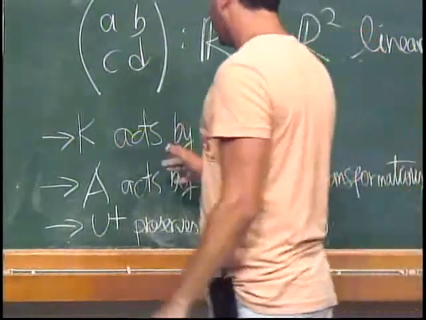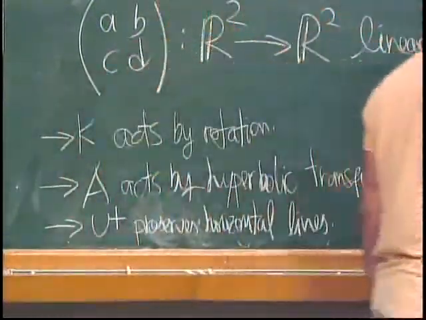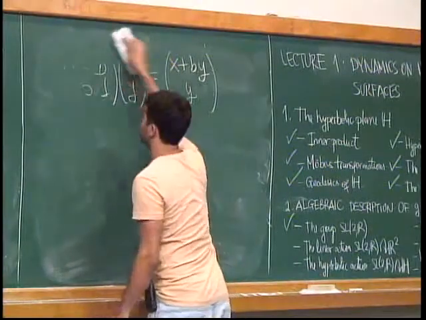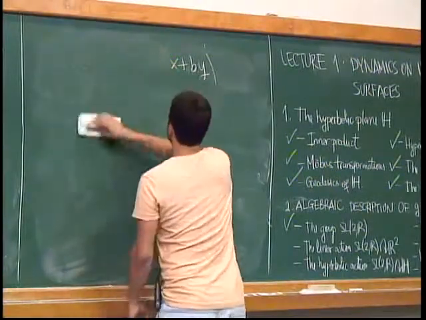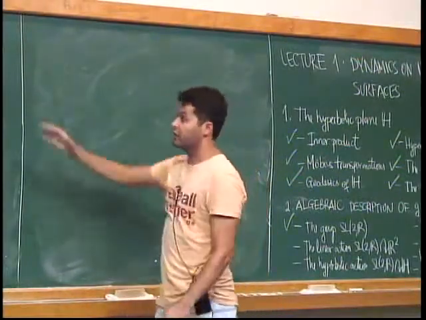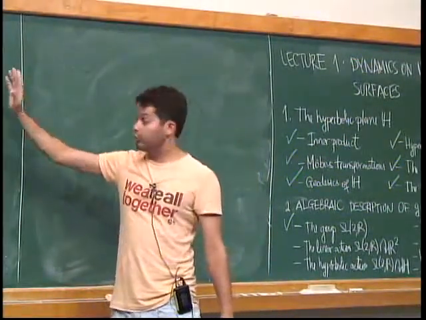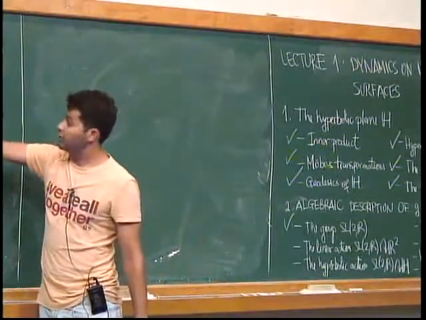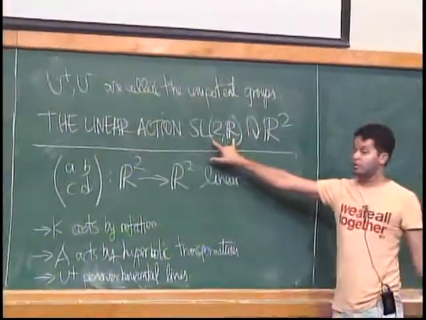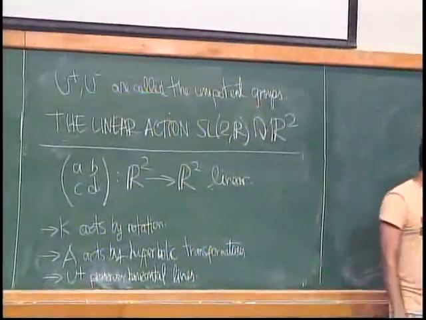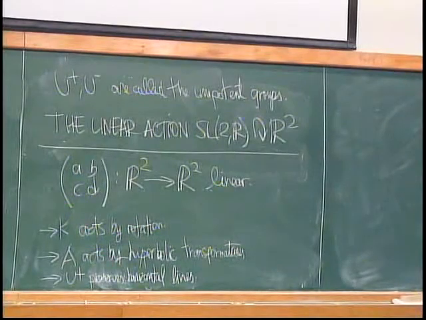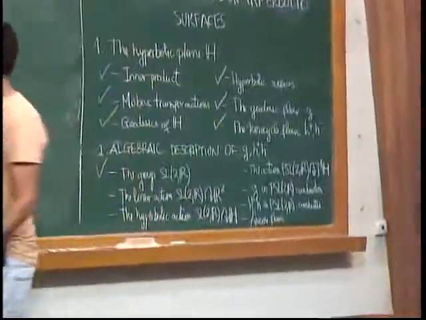In the lecture notes, I have a few other properties of these guys, but I'm going to describe them only when we need them, in the sequel of the lectures. So we have naturally the linear action, but we also know that an element of SL2R defines a Möbius transformation. And a Möbius transformation is a transformation on H. So we also have a hyperbolic action of SL2R on the hyperbolic space.